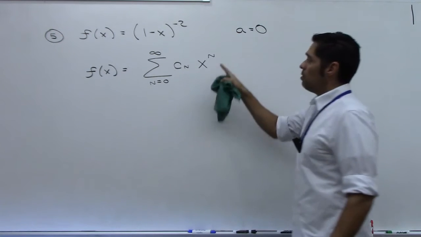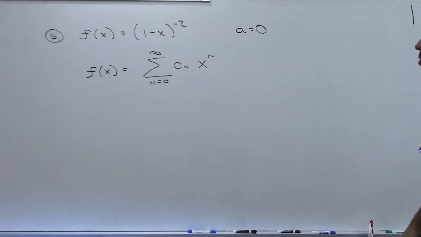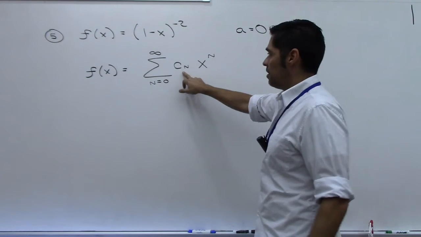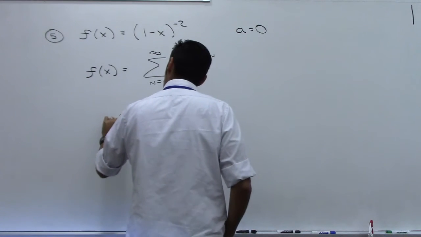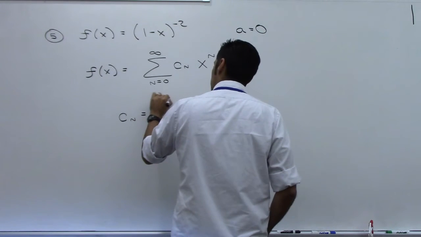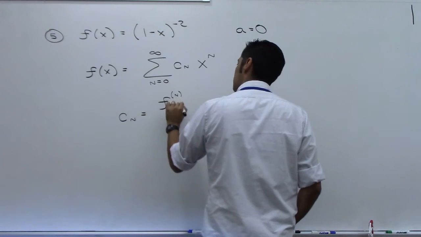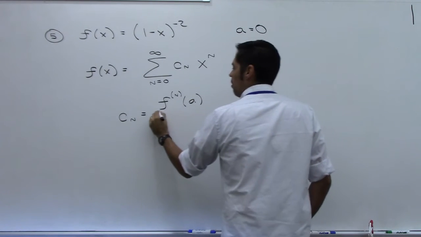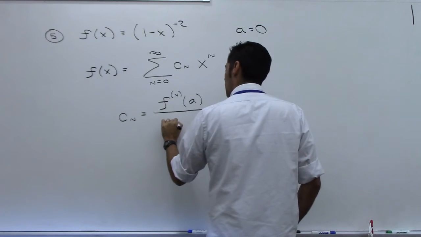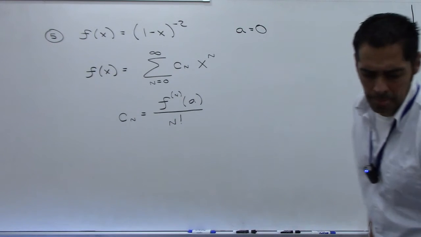So I need to find the Maclaurin series. So the question is, how do we get these c sub n's? And that's what this section is about. Remember that your c sub n's are equal to the nth derivative of the function at a over n factorial.